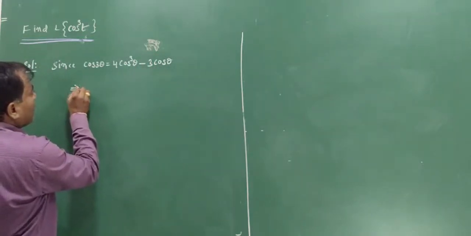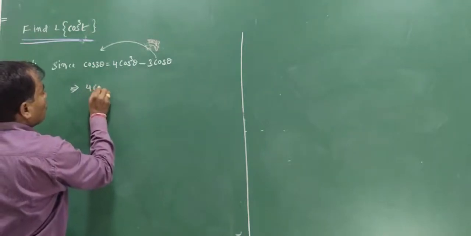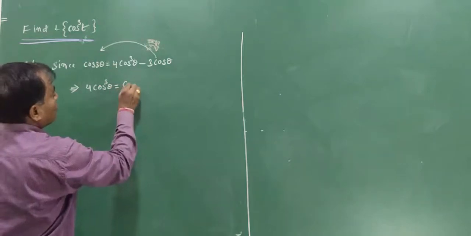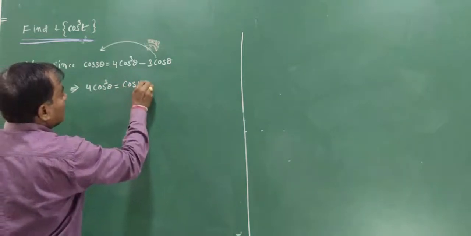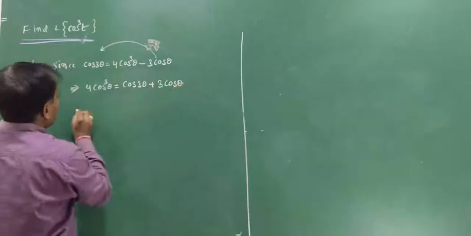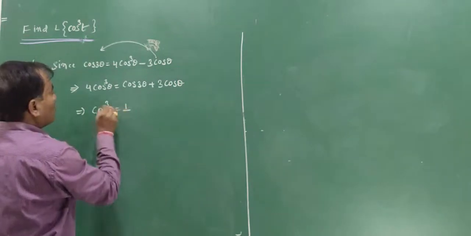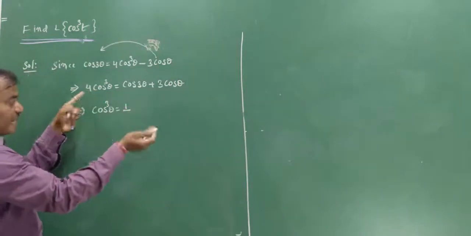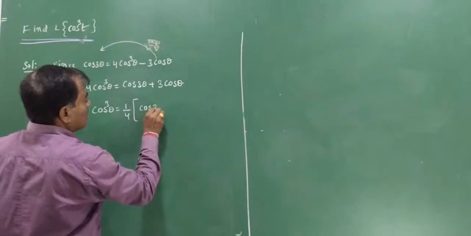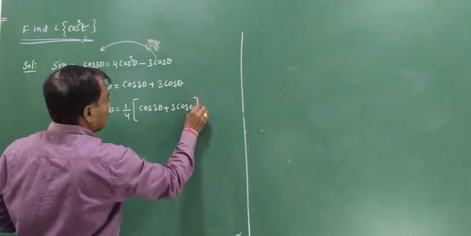This implies we shift this to this side. So therefore 4 cos cube theta equals cos 3 theta plus 3 cos theta, which implies cos cube theta equals, we shift this 4 to the right side, 1 by 4 of (cos 3 theta plus 3 cos theta).